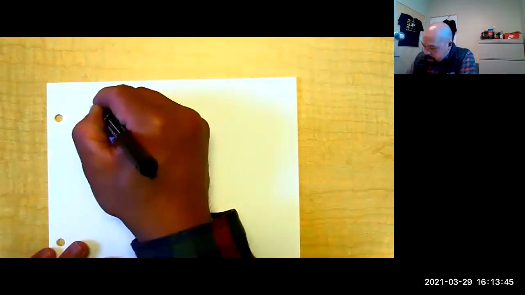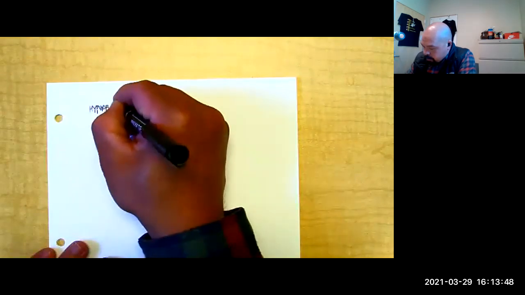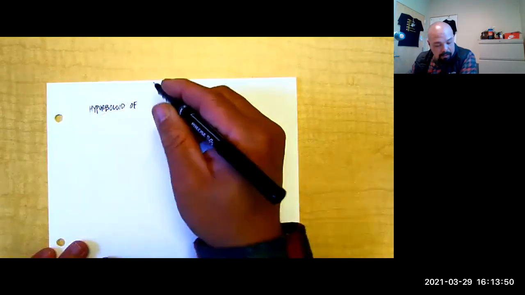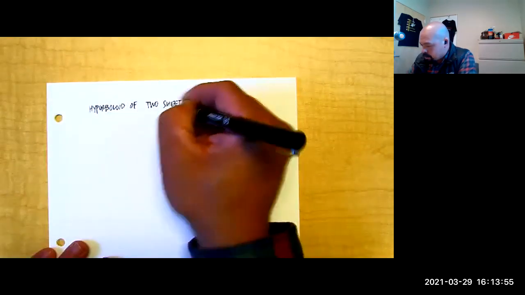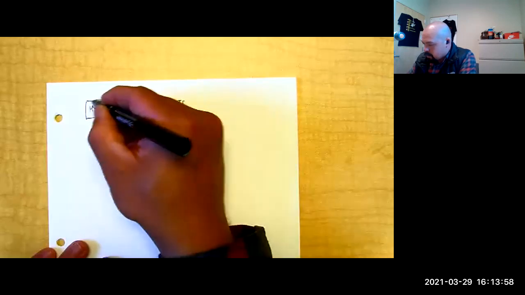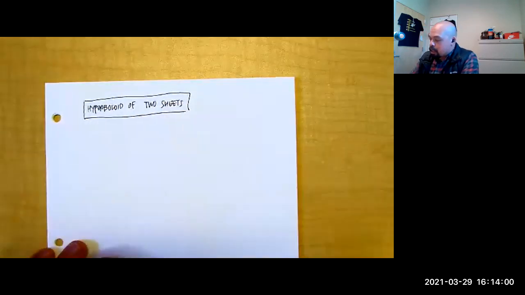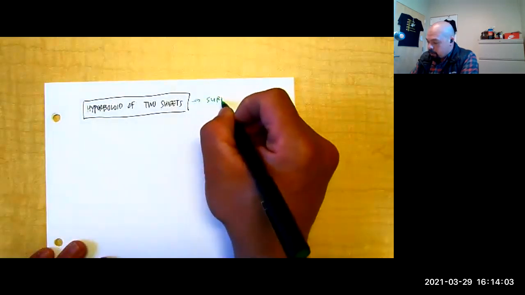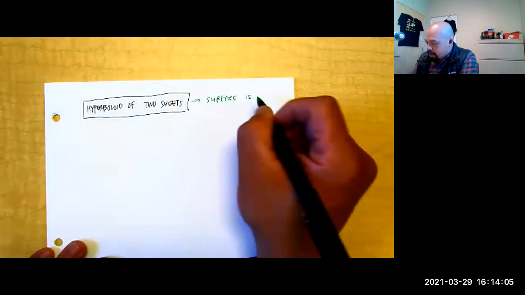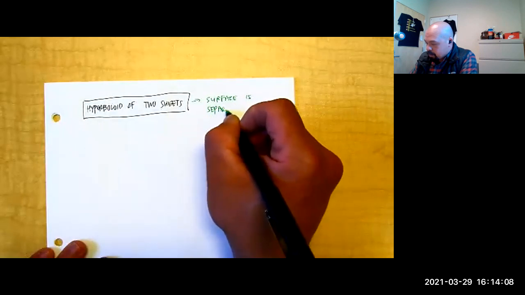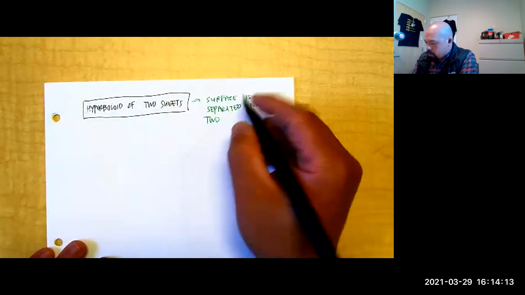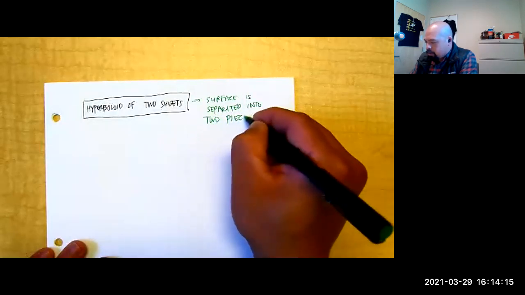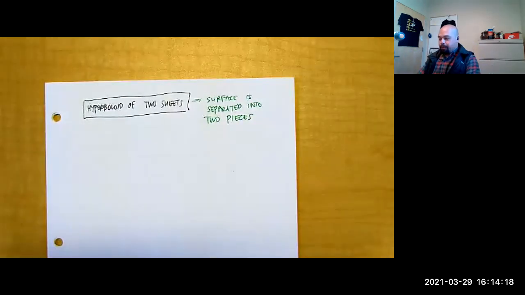Okay, so next up, our hyperboloid of 2 sheets. Right, and now in this case, we're going to start to see that the surface we're talking about is separated into 2 pieces, into 2 separated bodies.